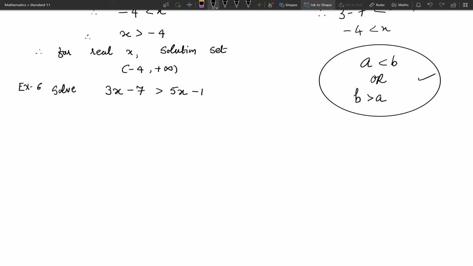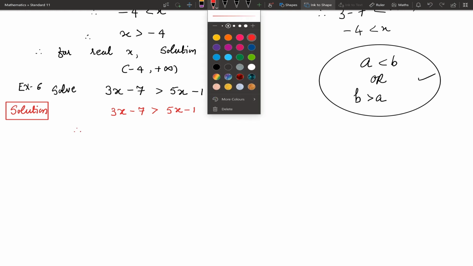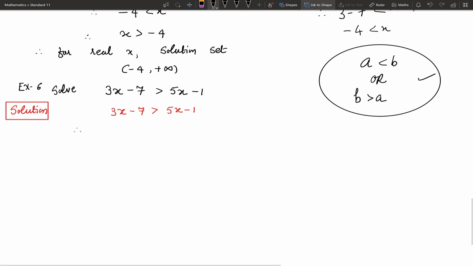We have to solve in the case of real x. So solution, we have given 3x minus 7 greater than 5x minus 1. So first we add both sides minus 3x.